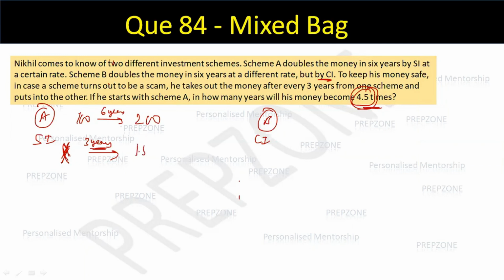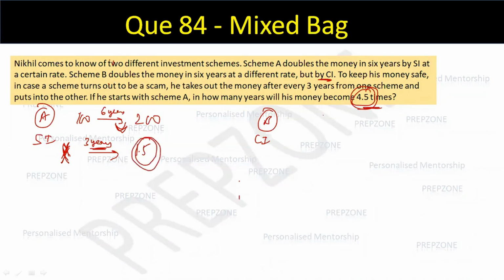Because in 6 years how much interest is charged? 100. So now I have to charge interest of 50. So it has to be divided by 2, right? In 6 years if interest is 100, then in 3 years interest will be 100/2 which is 50. So it's clear that in 3 years using scheme A, the money will increase by 50%. So it is 1.5 times.